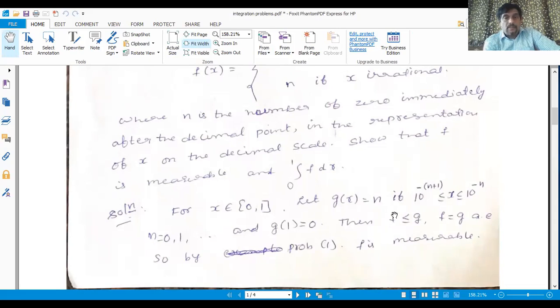And also f is less than or equal to g, because a measurable function can always be compared. That's why we take f less than or equal to g, which means f is equal to g almost everywhere. Similar to the above problem, since f is equal to g almost everywhere, definitely f is also measurable here.